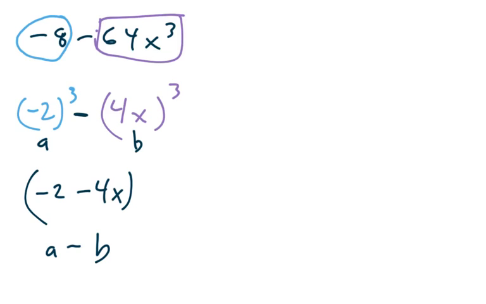So we just did A minus B. Now we're going to times that with A squared. So negative 2 times negative 2 is positive 4. Because we're doing a minus or difference of 2 cubes, this has to be a plus here. And now I'm going to times together. Now watch carefully. A times B. A is a negative 2. B is a 4x. So that's a negative 8x.